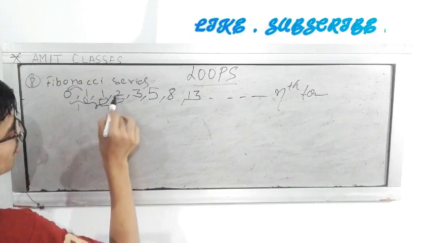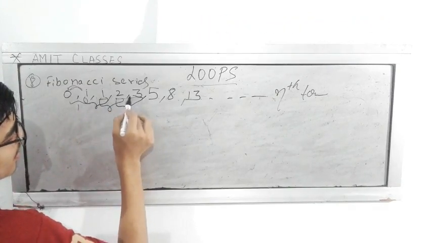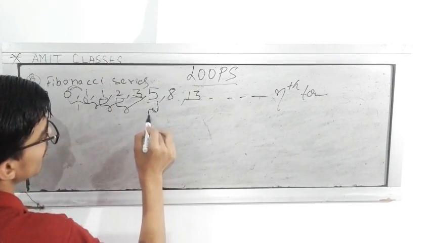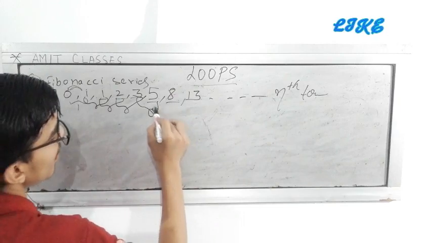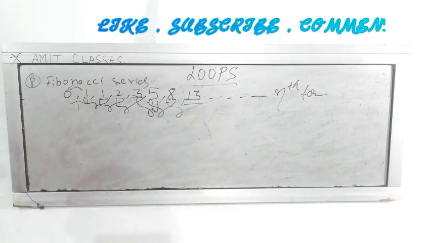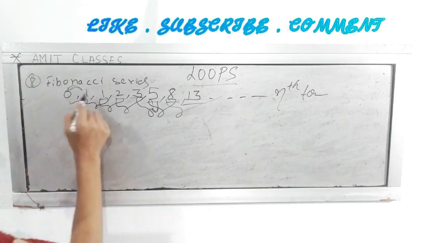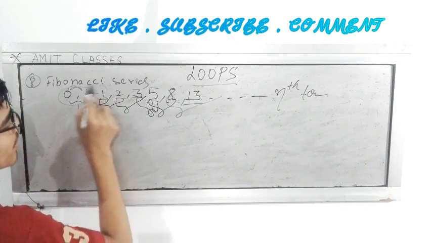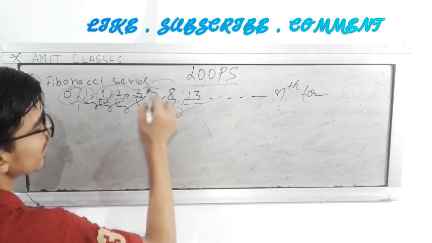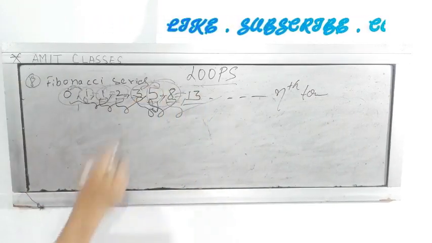The sum of these two, 2 plus 1, is 3, then 3 plus 2 is 5, 5 plus 3 is 8, 8 plus 5 is 13, and so on. So this sum is equal to this, anywhere we find it like this.